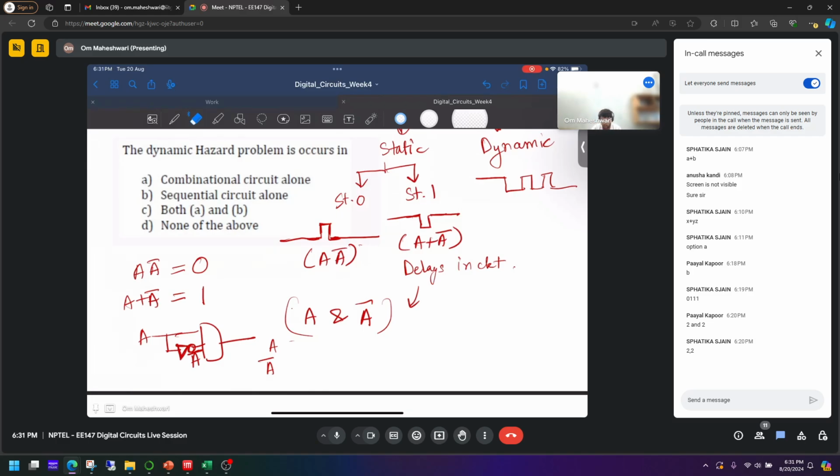Okay. Let's say this A goes from 0 to 1, and A bar goes from 1 to 0, but with some delay. There's a delay due to the NOT gate.